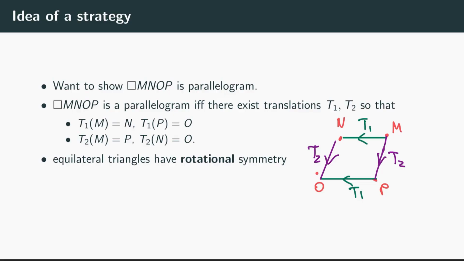The other observation we have is that equilateral triangles have a rotational symmetry built into them. Now, we're not going to use the obvious rotational symmetry, which is the symmetry of rotating around the center of my equilateral triangle. Instead, we're going to use the observation that if I have an equilateral triangle, let's say X, Y, Z, and I take a rotation centered at X, then if I choose the correct direction to rotate, in this case clockwise, I send Z to Y by a rotation centered at X of angle 60 degrees.